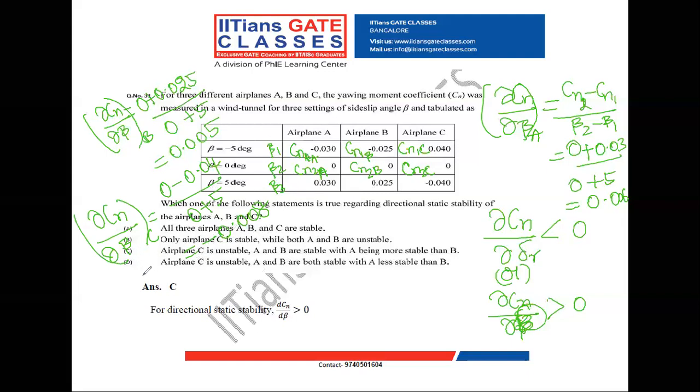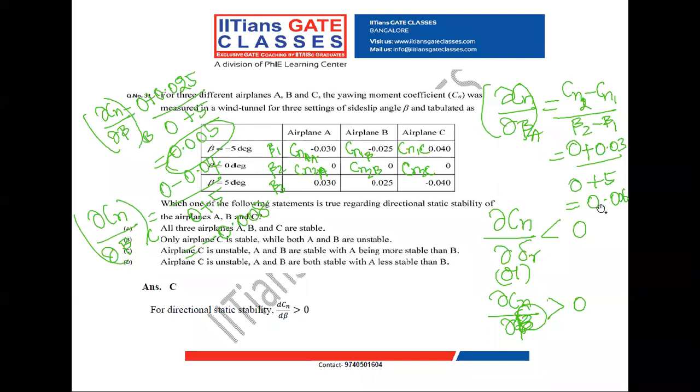So either option C or option D can be correct. But option A says that A and B are stable. Options C and D also say that A and B are stable, but they include a statement about A being more stable than B. We'll see what happens there. The ∂Cn/∂β value is 0.006 for airplane A, and for airplane B it is 0.005.